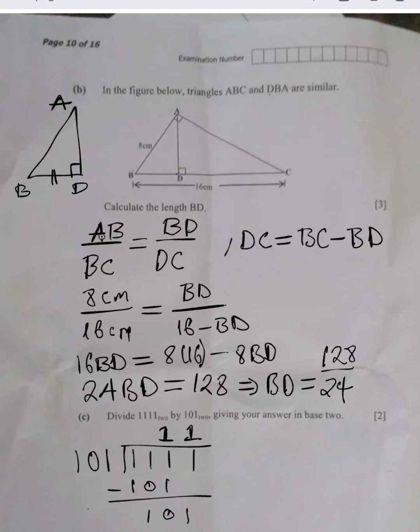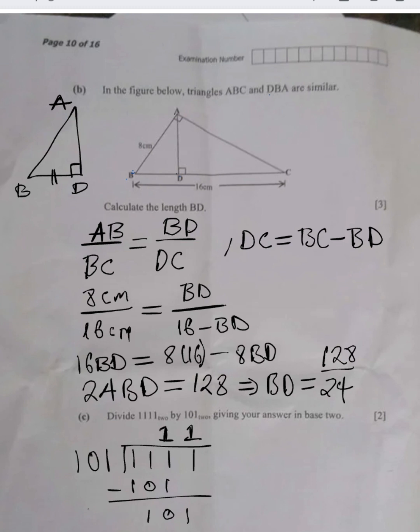Now, using the ratios, AB, which is the hypotenuse of the smaller triangle, divided by BC, which is the hypotenuse of the larger triangle, that ratio is equal to BD divided by DC. That is the ratio of the side of this small triangle and the side of this other triangle.